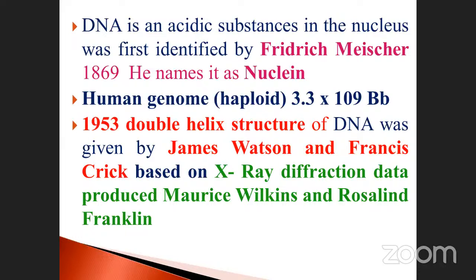X-ray diffraction data was produced by Maurice Wilkins and Rosalind Franklin. Without this X-ray diffraction, James Watson and Francis Crick would not have got the structure of the DNA molecule. This is also very, very important. Without this information, they would not have produced the DNA structure. That is very, very important.